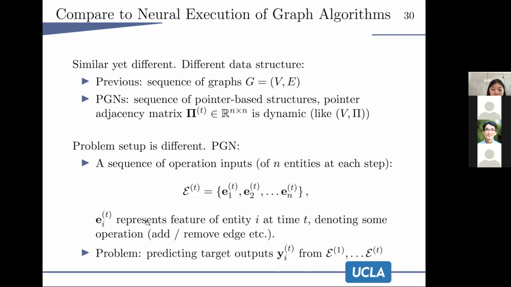E_i^t is going to represent the feature of entity i at time t, which we could understand as denoting operations like adding or removing an edge, etc. And the problem is predicting the target outputs y from the given sequence.